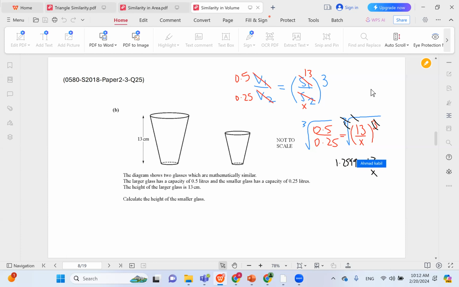Of course, 1.2599 can be easily approximated to 1.26 because the 99 is very evident, so it's pointless to write it down. 599 can just be 6. So we have 1.26 equals 13 over x.